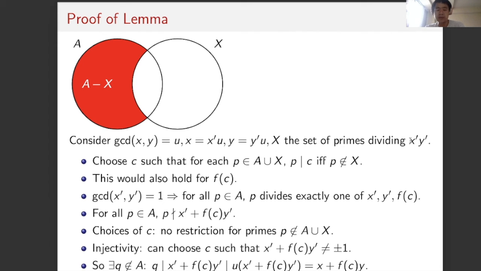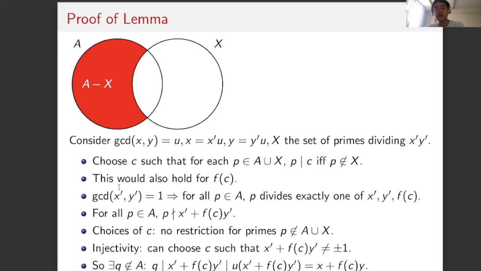That means that A union X is also finite, meaning that we can just take, for example, C equal to the product of all primes in A minus X, and potentially multiply by any finite set of prime numbers that is outside of A union X. So long story short, this also means that there are infinitely many primes outside A union X, which also means we have infinitely many choices of C.